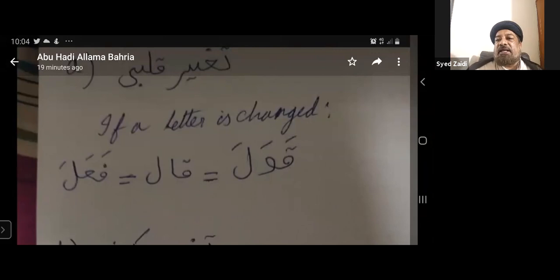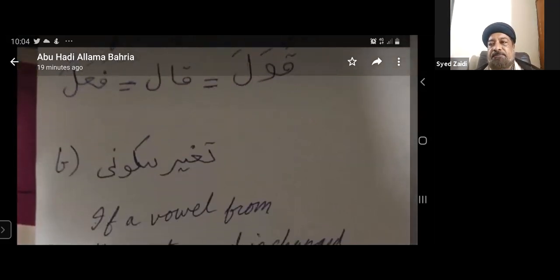If you put it next to qawala, you will understand that the word was qawala. Therefore, qala is equal to fa'ala. Number B is taghyir sakuni.